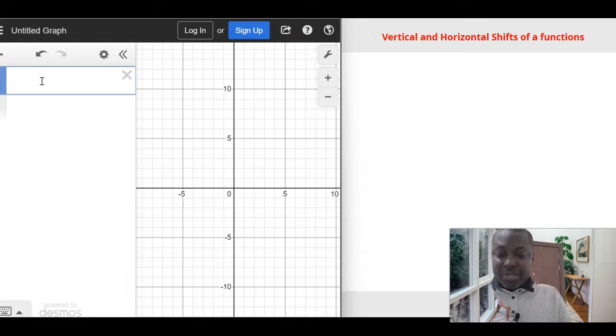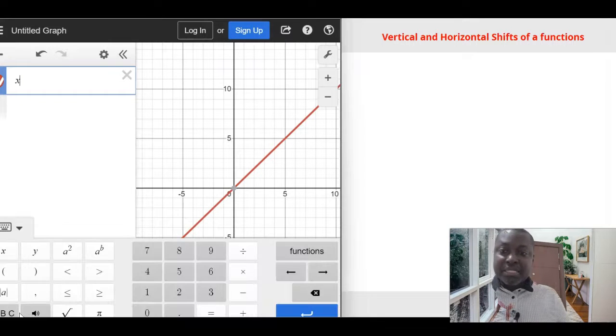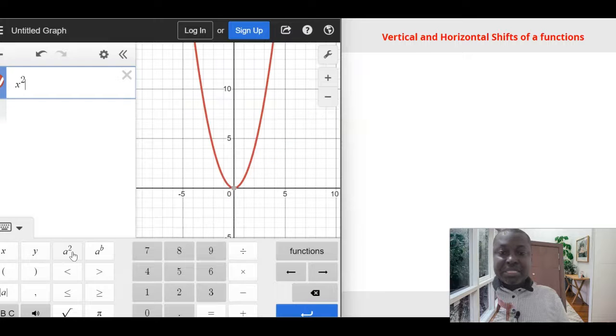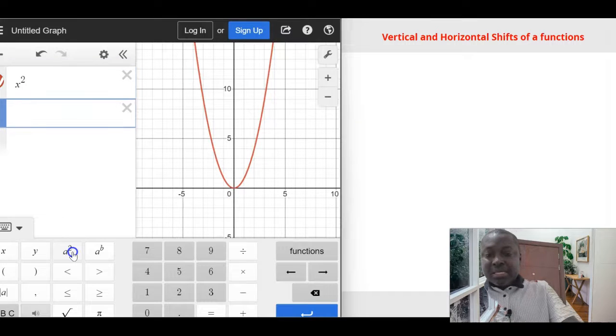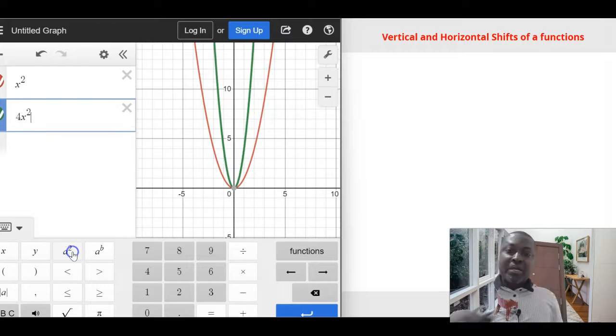So first of all, let's go ahead and look at the parent. We'll be most of the time using the quadratic function, but it works for all: absolute, linear, exponential, sine functions, all of them will work for it. So this is a parent function, and if we're supposed to do, say, a times x squared, we see that it's stretching towards the y-axis, and that is what we call the vertical.